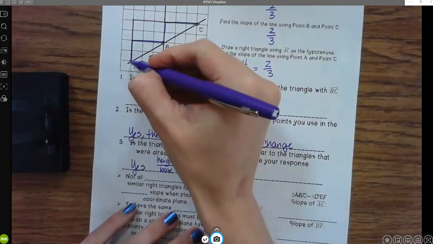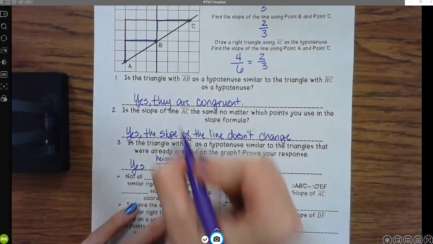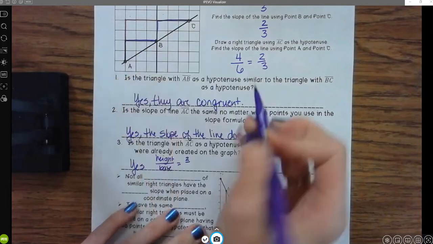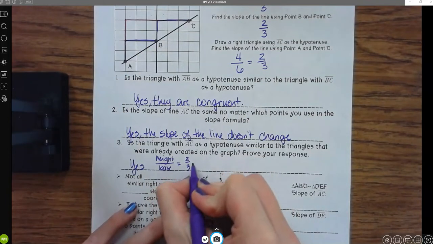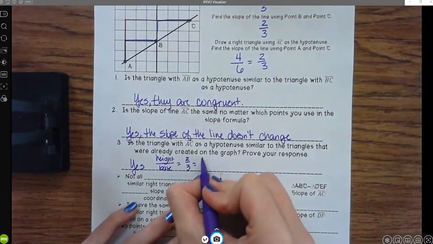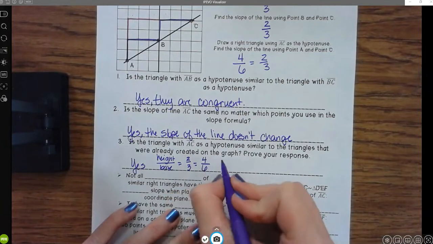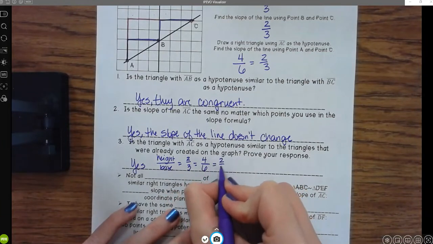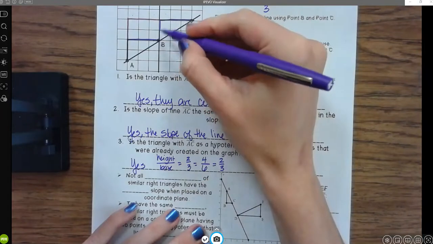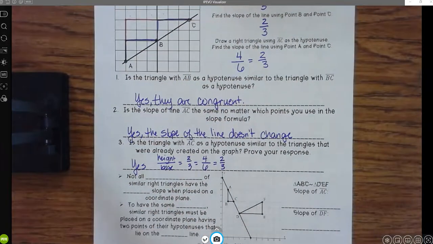The vertical with AB as a hypotenuse is 2, and the base is 3. If I look at the big triangle, the height is 4 and the base, that horizontal line, was 6. And 4 over 6 equals 2/3, which again is also the dimensions of your third triangle. So they are similar.